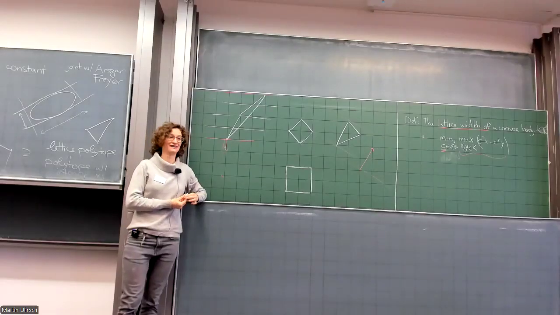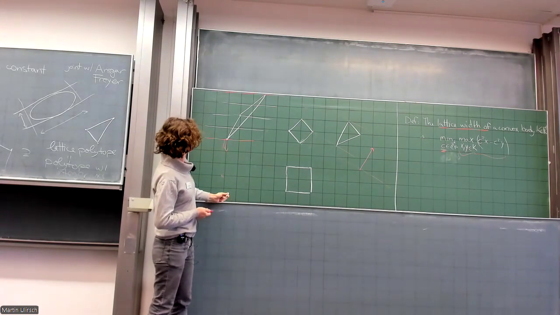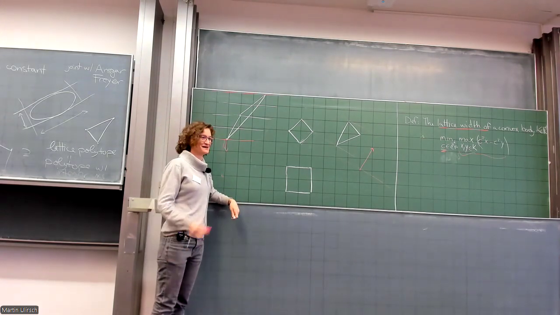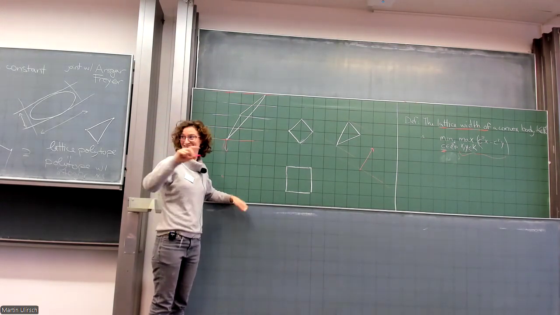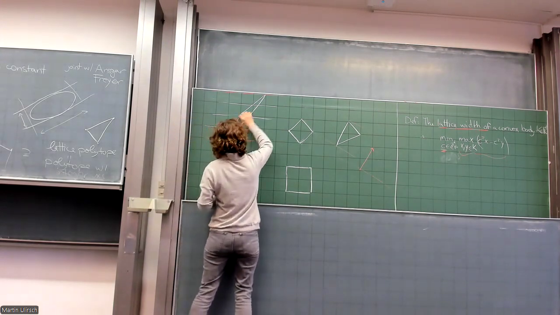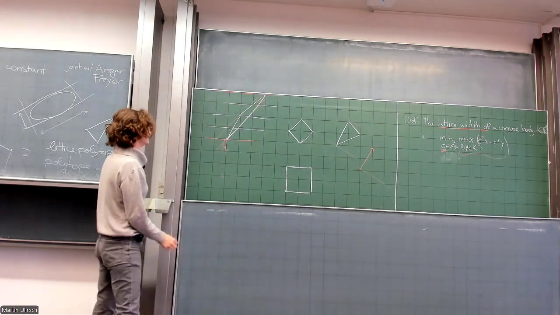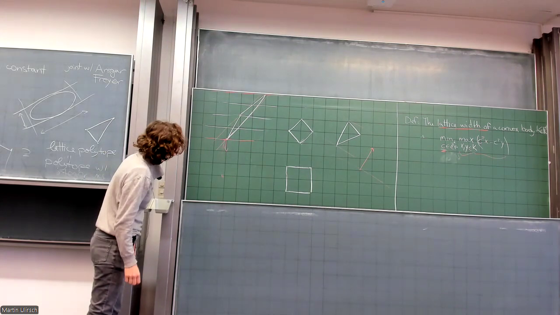Can I do better? 2. I thought I could do better. Yeah? 1? Yeah. Isn't this 1? This is 1. Middle lattice point, the uppermost edge would have a. You're right.